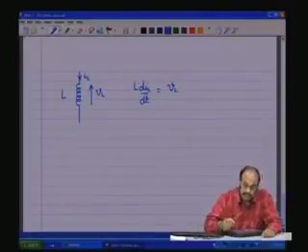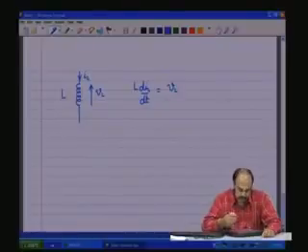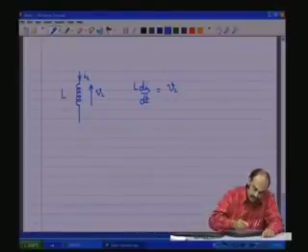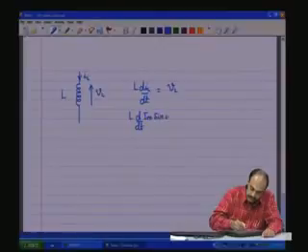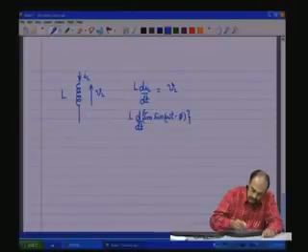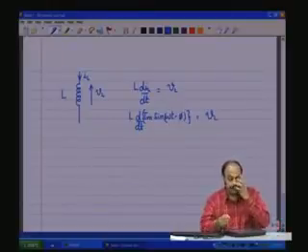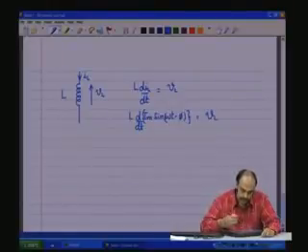So, if the current, the state variable through the inductor, is a sinusoidal quantity, then you have L d by dt of Im sin(omega t minus phi), which is equal to VL. Even VL will be a sinusoidal quantity with a phase shift, of course.